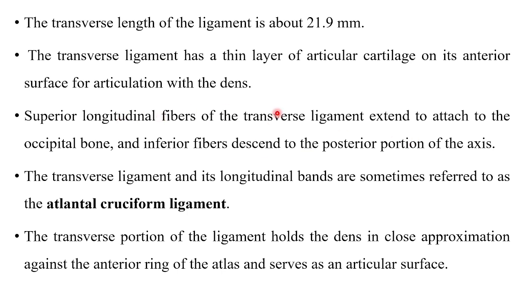The superior longitudinal fibers will be attaching to the occipital bone and inferior fibers will be attaching over the posterior part of your axis bone. The transverse ligament and its longitudinal bands are sometimes referred to as the atlantal cruciform ligament. The transverse portion of the ligament holds the dens in close approximation against the anterior ring of the atlas and serves as an articular surface.